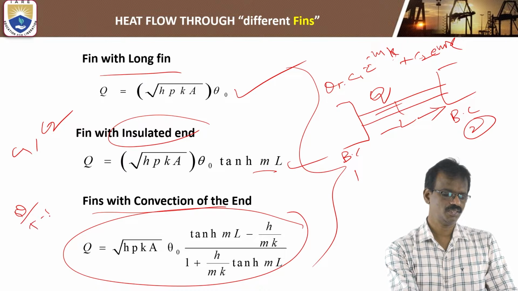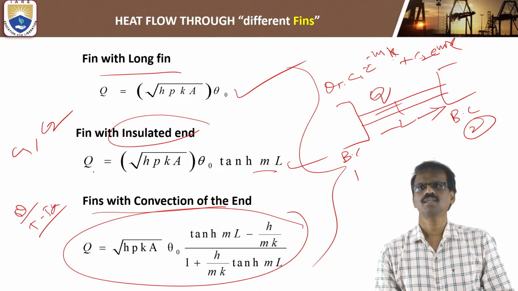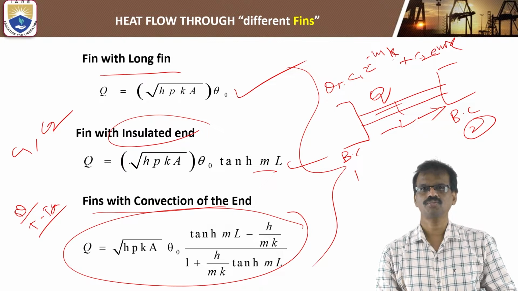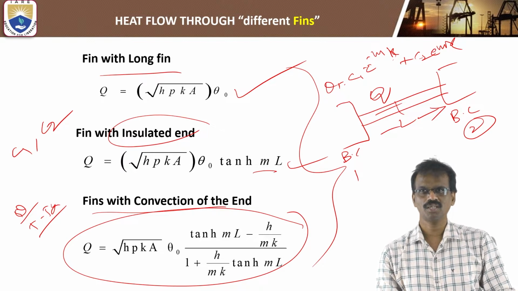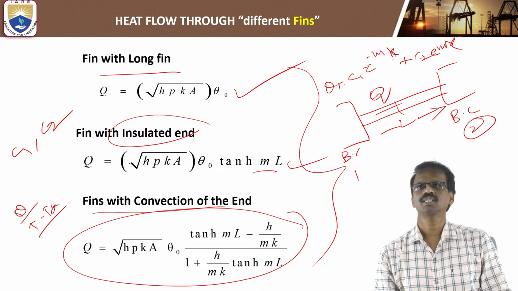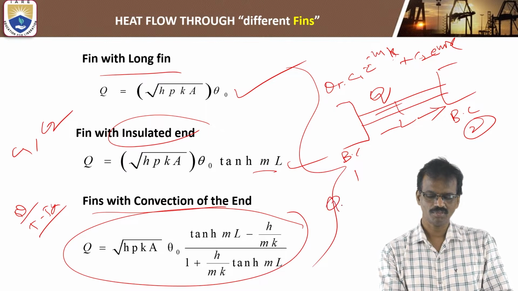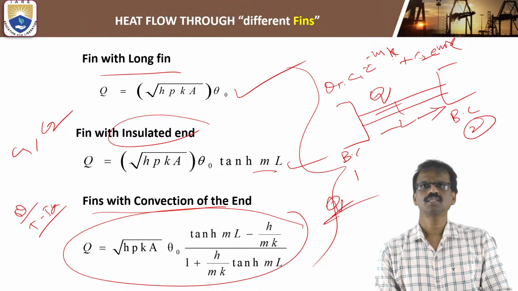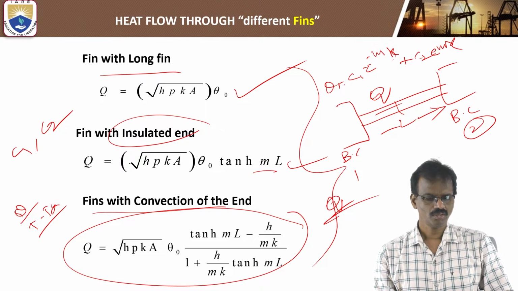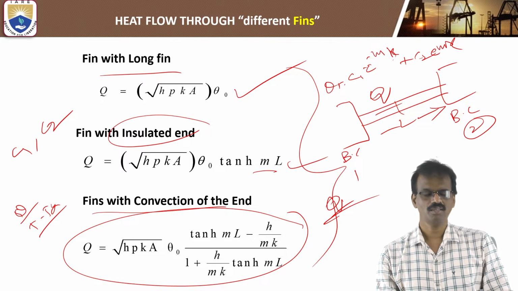It means T minus T infinity or something. If you get the temperature equation, then based upon Fourier's law, conduction or convection, you will get the rate of heat transfer. This is the same as what was taught in the previous classes for finding the rate of heat transfer.